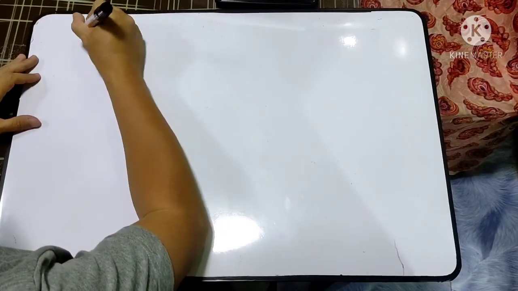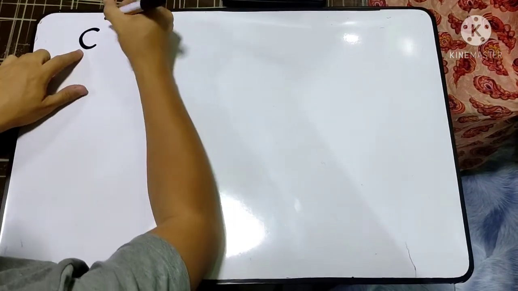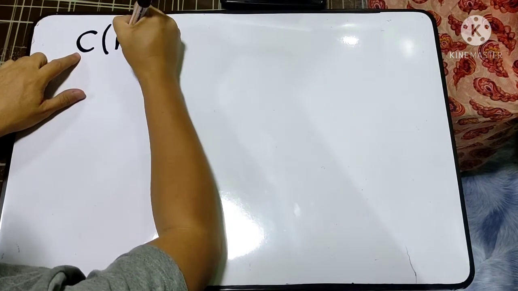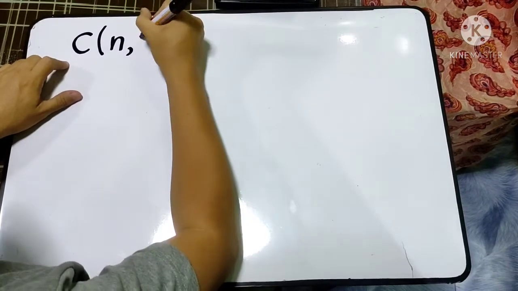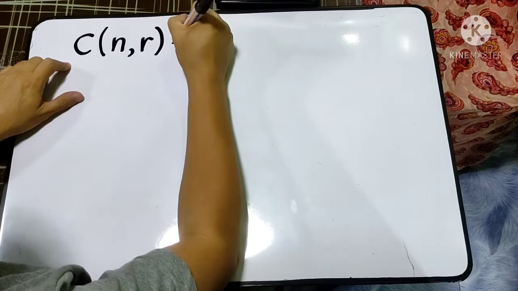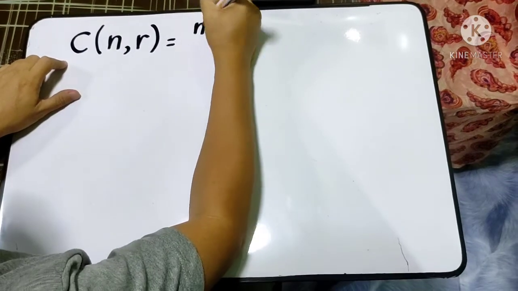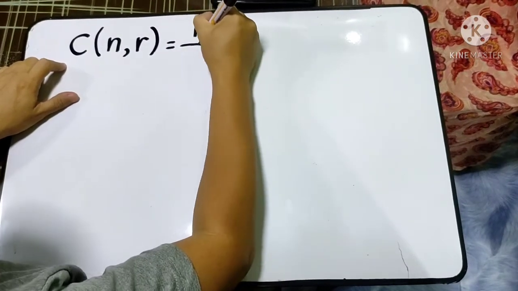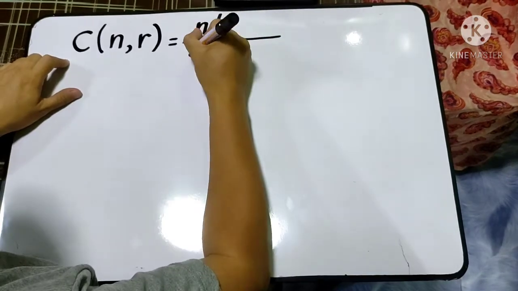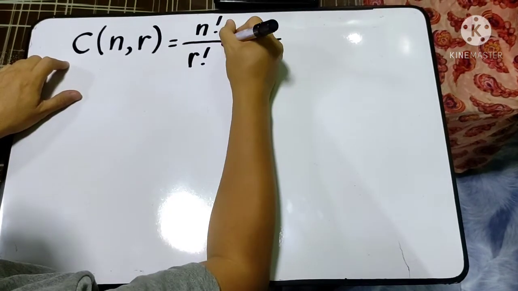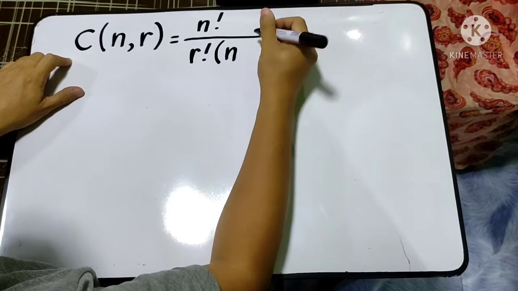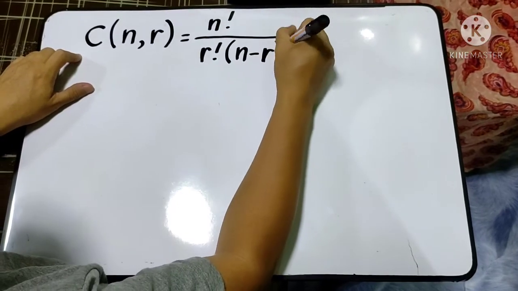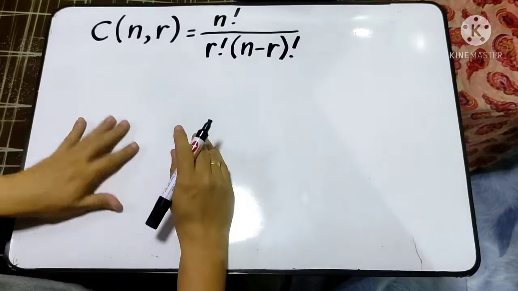Walang order, walang arrangement. The formula for combination is the combination of n taken r is equal to n factorial over r factorial times the quantity of n minus r factorial.